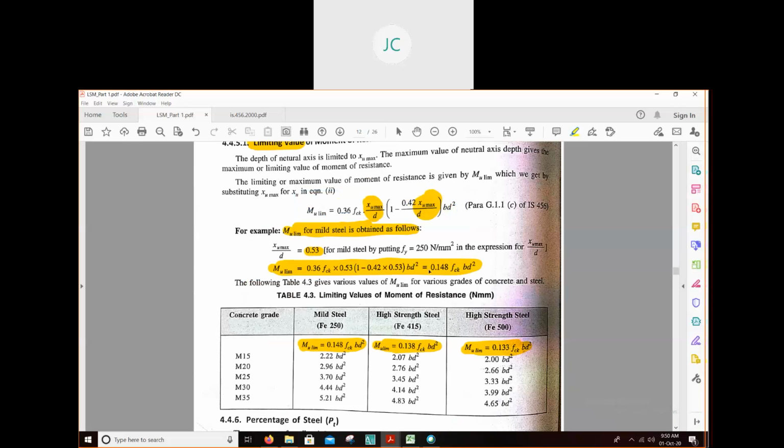You can see this equation becomes very simple. For mild steel, the limiting moment of resistance equation is only this: 0.148 FCK B D square.